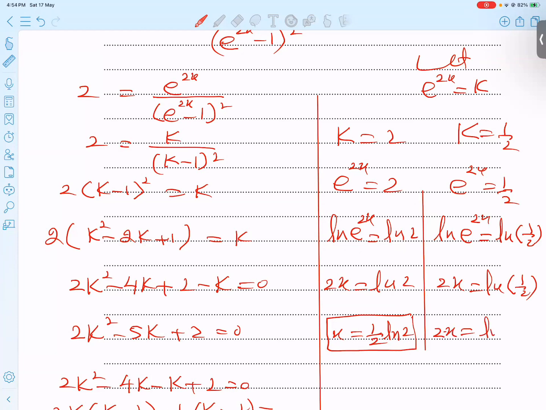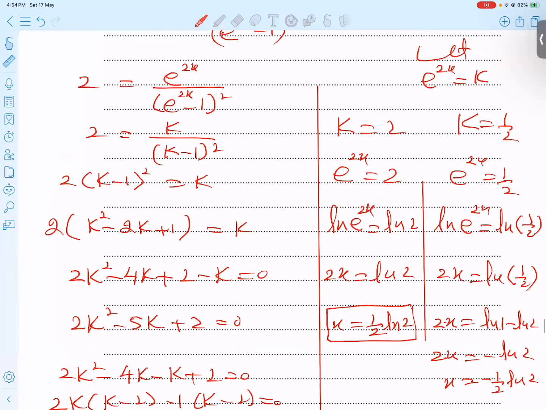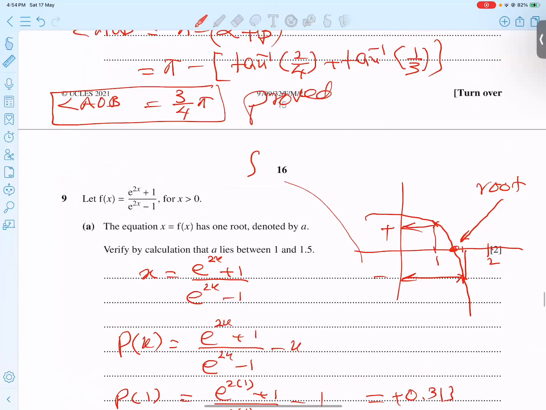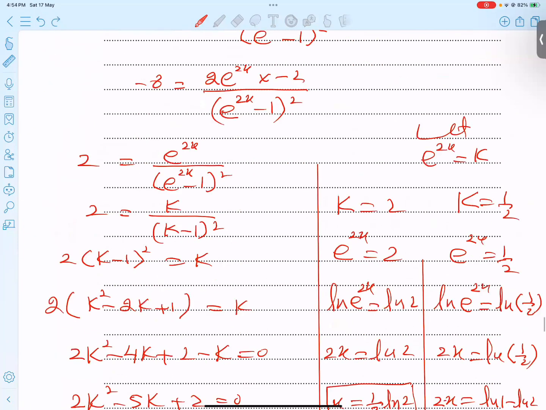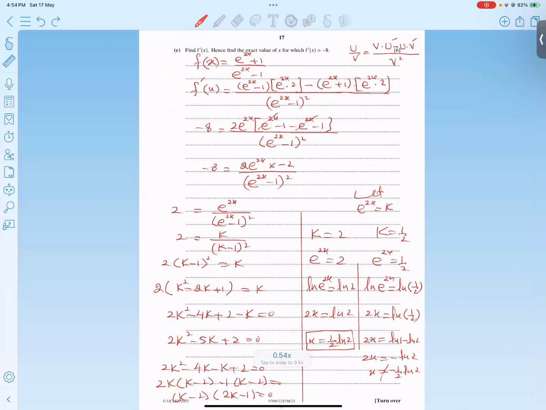If I open the bracket, I get 2x equals log of 1 minus log of 2, and so 2x equals negative log of 2. So x becomes negative half times log of 2. The answer is correct, but he said at the beginning x is more than 0, so x cannot be negative. So this we have to ignore, because it is coming as a negative answer. And I hope the concept of this part is also clear.